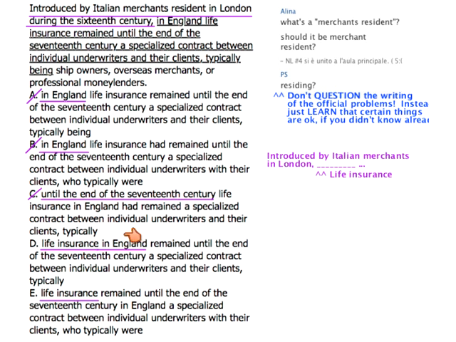But notice that D just says that English life insurance was introduced by these people, whereas E says that the entire idea of life insurance was invented by these people. Those are both things that make sense, so we can't eliminate either one of them. But there you go. Okay, so let's take a look.